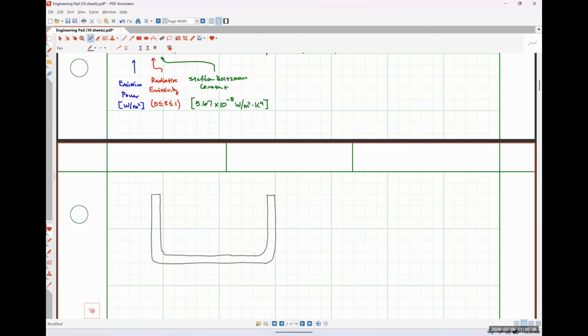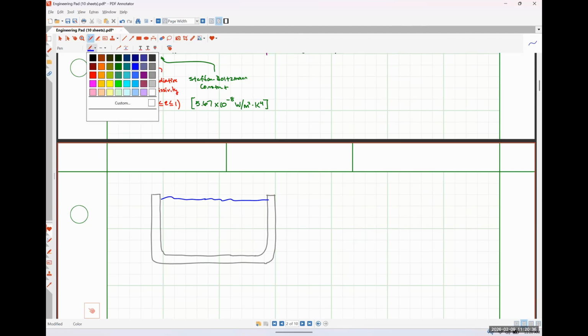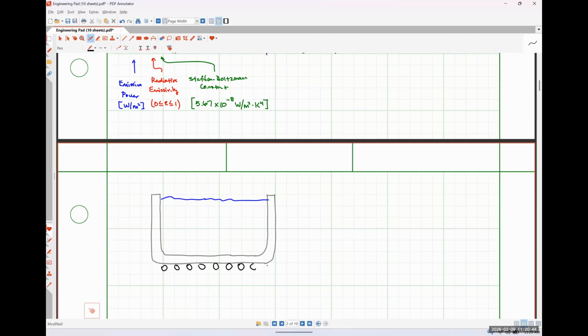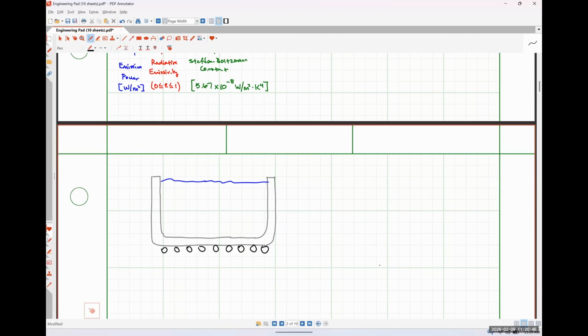So here's my crappy pot. There's the surface level of the water. And then down here, we're going to say that this is an electric stove. And so these black circles here represent our heating coil elements.